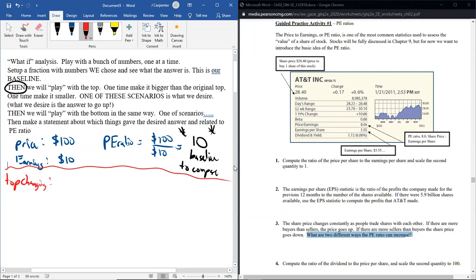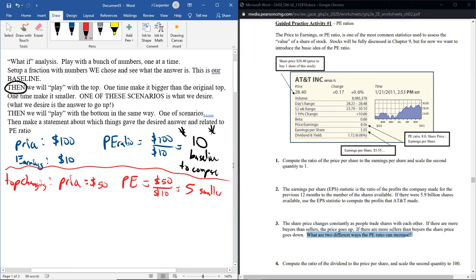Let's make it one time a price of, let's go smaller first. It doesn't matter the order, but let's make this the price 50 now. So the PE ratio is now going to be 50 over 10. 50 divided by 10 is 5. How does that compare to the original baseline? 5 is smaller than 10.